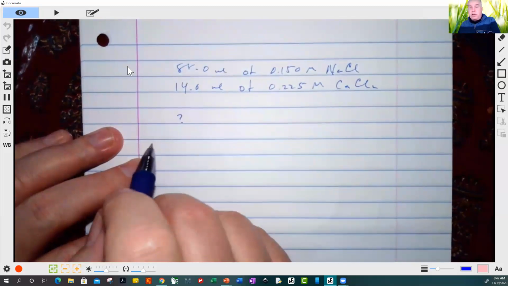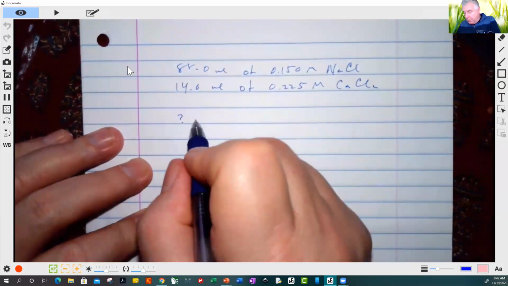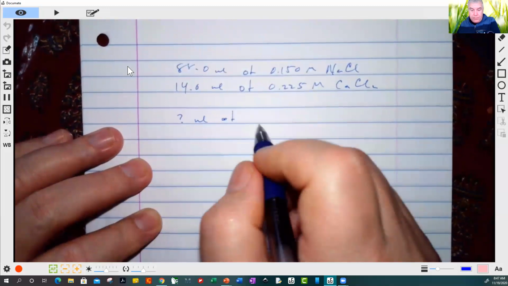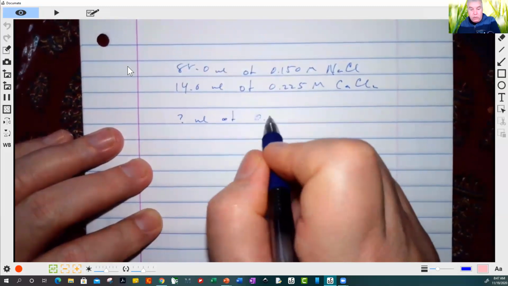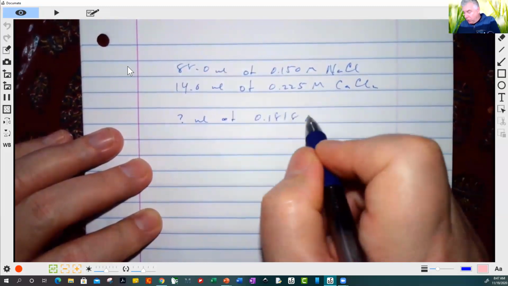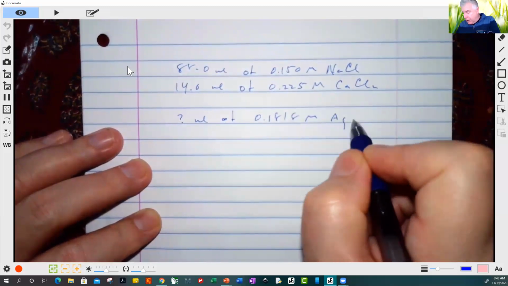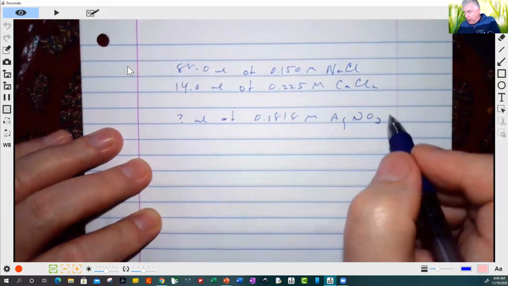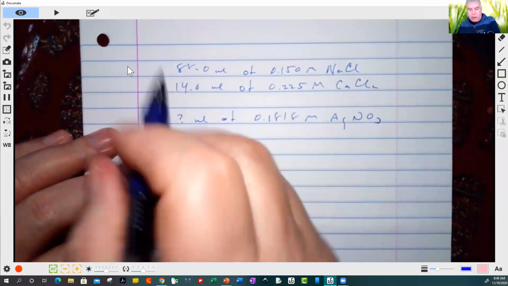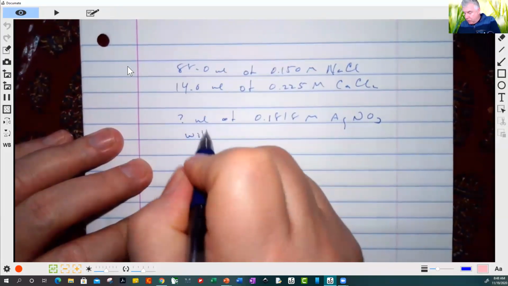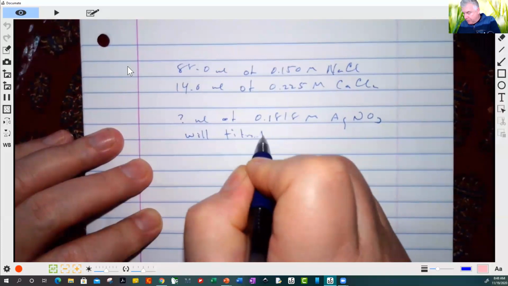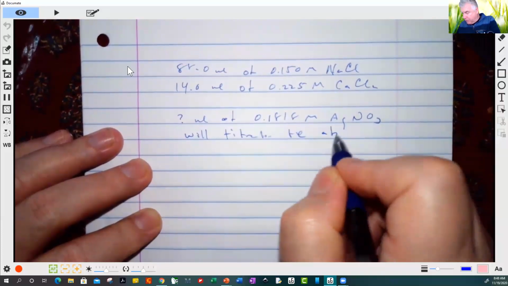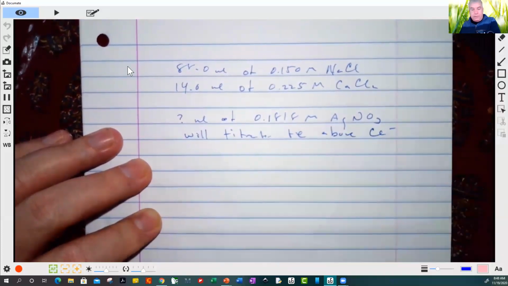And we're going to ask the question, how many milliliters of 0.1818 molar AgNO3 will just react with the above? We'll titrate the above chloride, right?